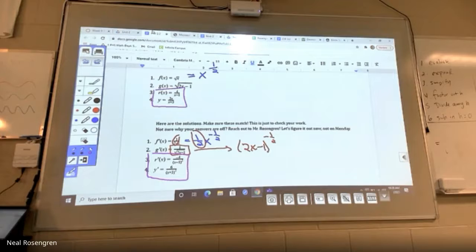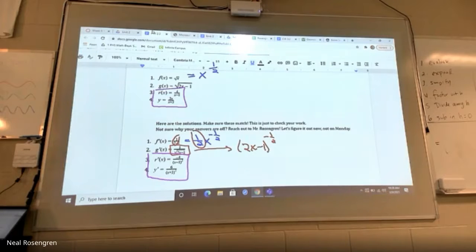Do you notice any patterns like the radical ones, like f of x versus g of x? This one is more about looking at 3 and 4 together and seeing if you notice anything that stands out. Is there anything about r of x compared to r prime of x, y to y prime? Do you see any connections? Do you notice anything?